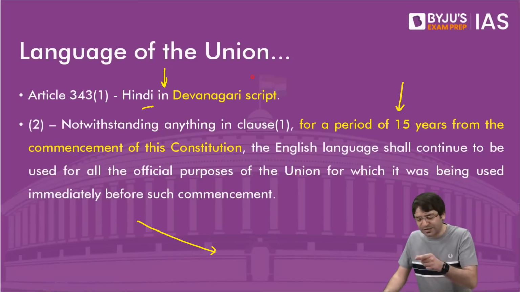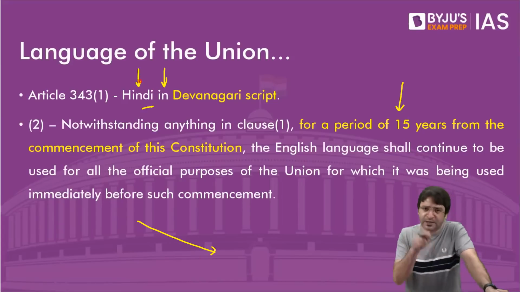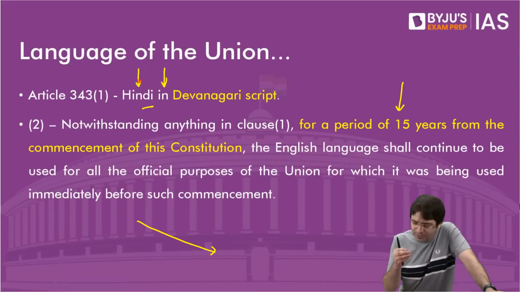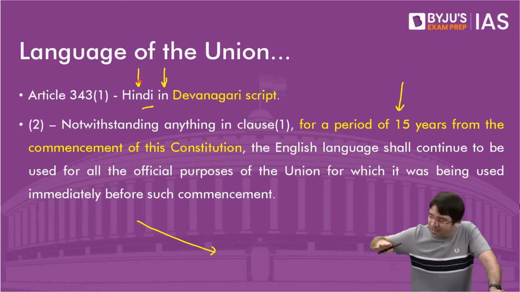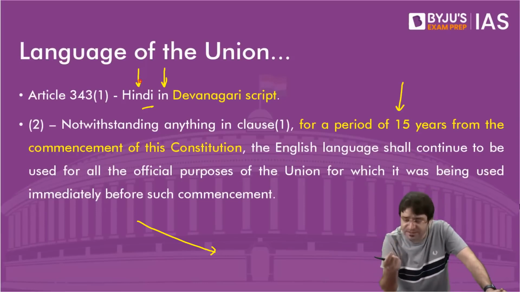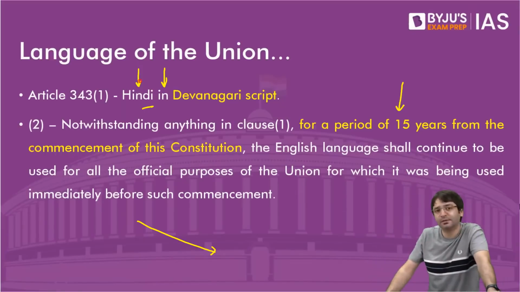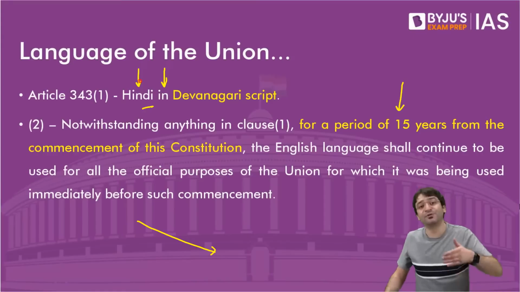If the constitution says that the official language of the union is Hindi in Devanagari script, and only for 15 years English will continue, after that Hindi will be the only sole official language of the union, how can parliament pass an ordinary law, passed by simple majority, and say English and Hindi both will continue forever and ever, there is no expiration term? How is that possible? That's possible because the constitution has allowed it.